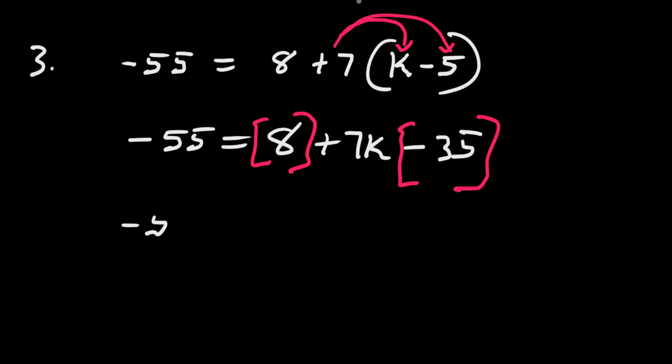So combine both of them, and then we're going to have negative 27 plus 7k, negative 27 and not negative 25, negative 27. All right, corrected.